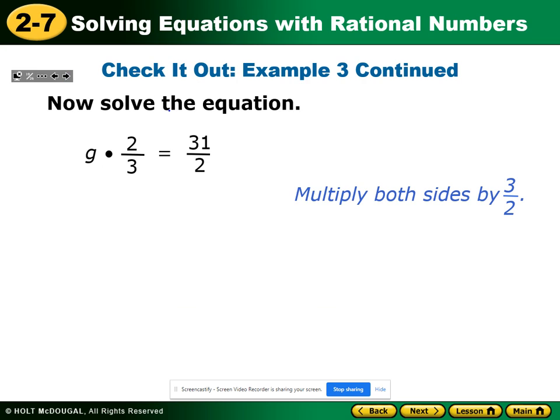They've got the problem here. Multiply both sides by 3/2. 3/2, 3/2. I don't see any reducing we can do. So we get 91 over 4. That's what G equals. We'll do our math over here. 91, the numerator, is divided by 4, the denominator.